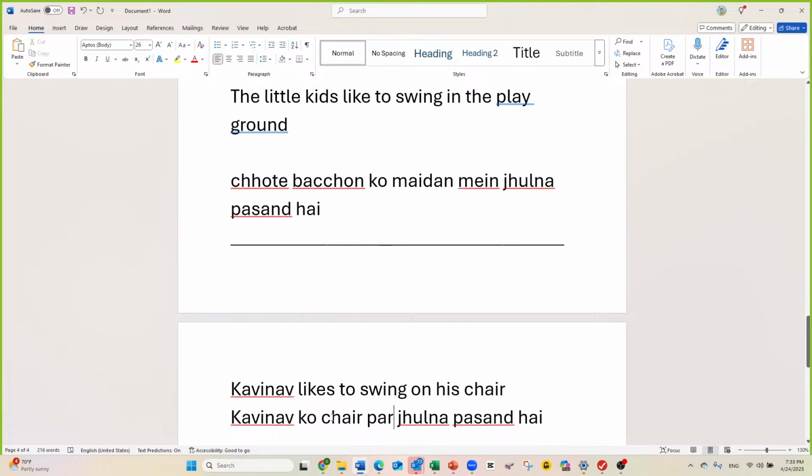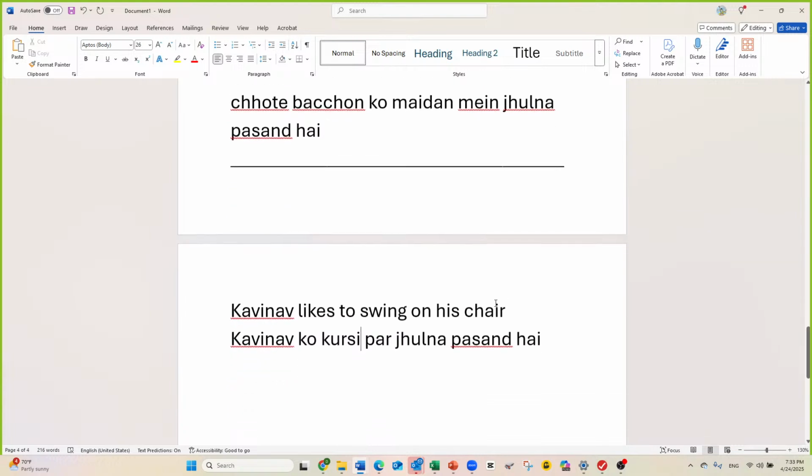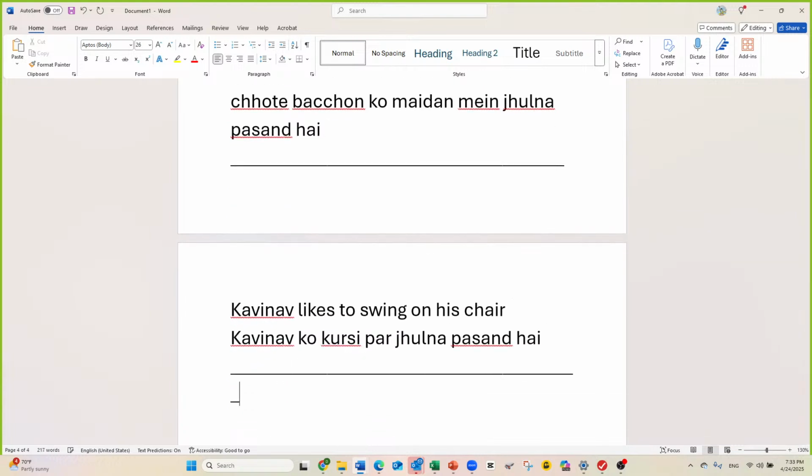Then the Hindi word for chair is kursi. So we'll say कविनों को कुर्सी पर झूलना पसंद है. Okay.